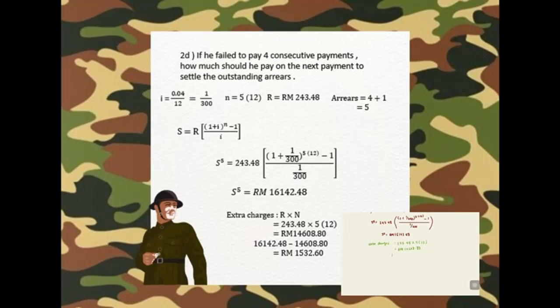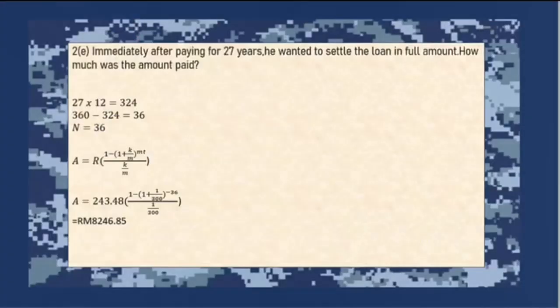And then don't forget to minus it. 16,142 and 48 minus 14,608 and 80 cents. And the final answer will be 1,532 and 60, which is the payment that he failed to pay and the bank earned.